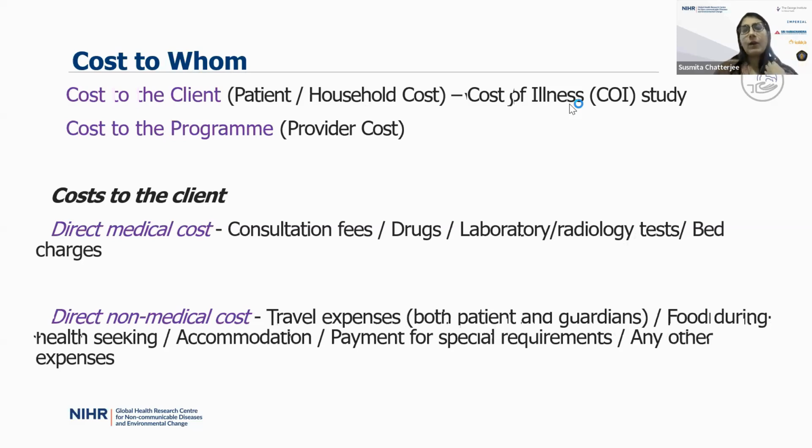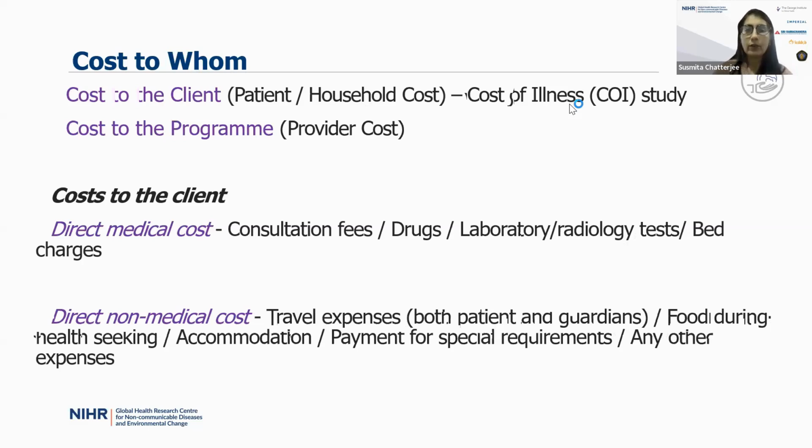Like when we did the economic burden of TB, I was asked whether I did TB and comorbidity costs. No, it's not. In cost of illness studies, we don't think of the comorbidities, because comorbidity will have other costs. So don't think about this. It's only the cost of the disease you are interested in, okay?